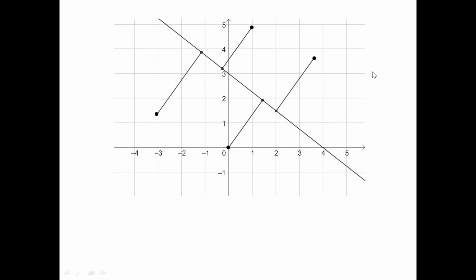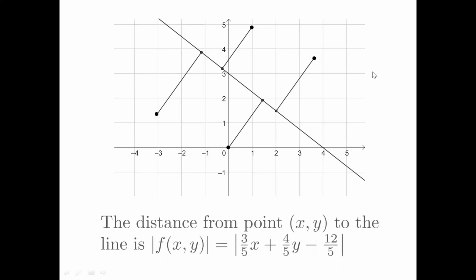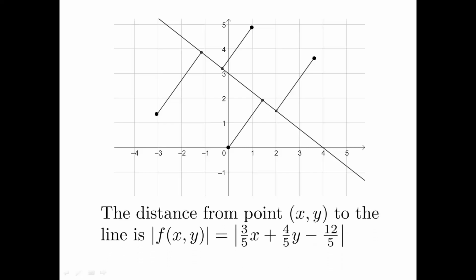In order to calculate the distance, we plug the coordinates into the equation, calculate the difference of the left-hand side and the right-hand side, and take the absolute value. That would be the distance. Is it enough?